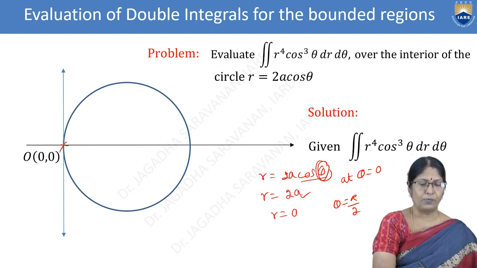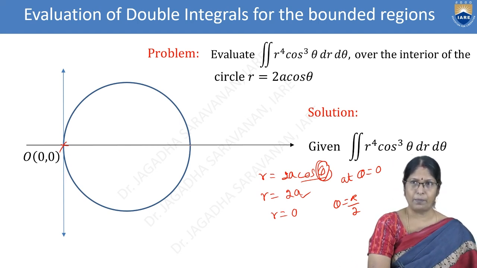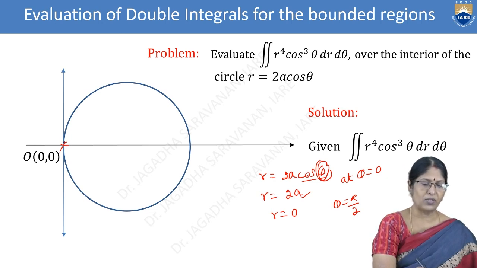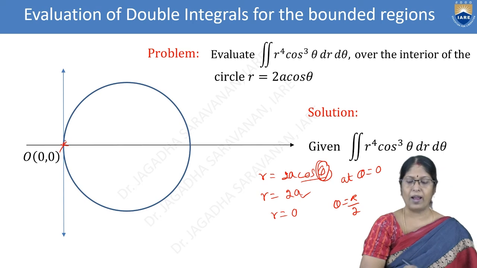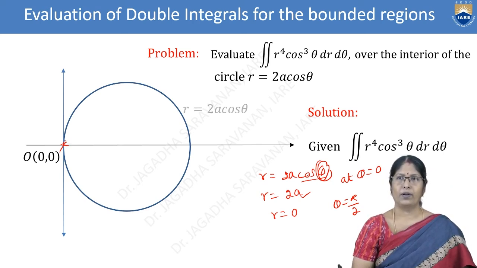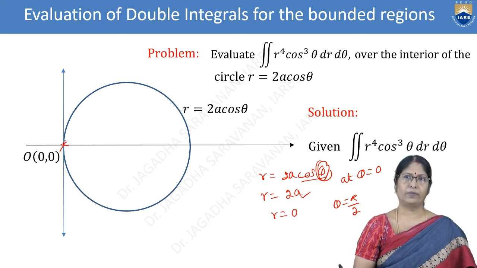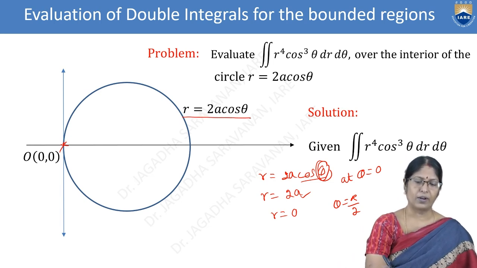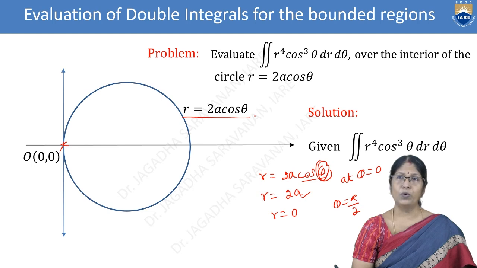That means from 0 the radius extends, and when it touches pi by 2, the radius becomes 0. The next one is, so we have written here r equal to 2a cos theta.